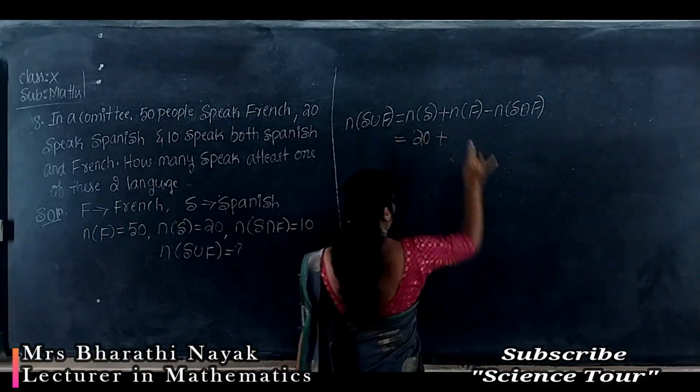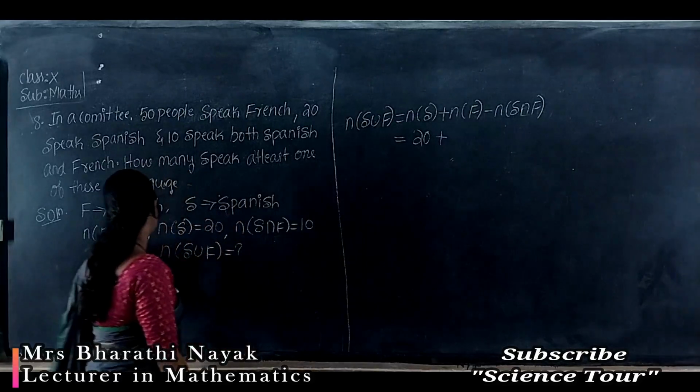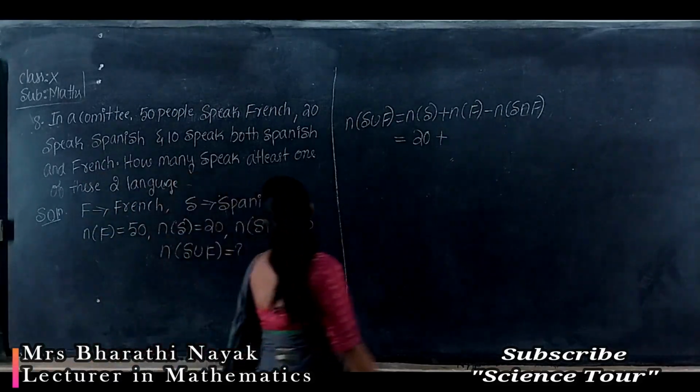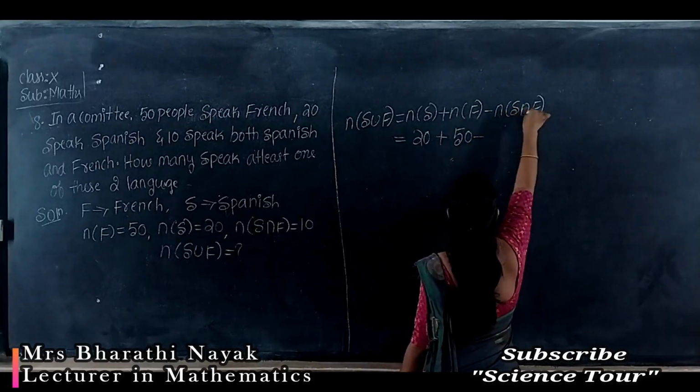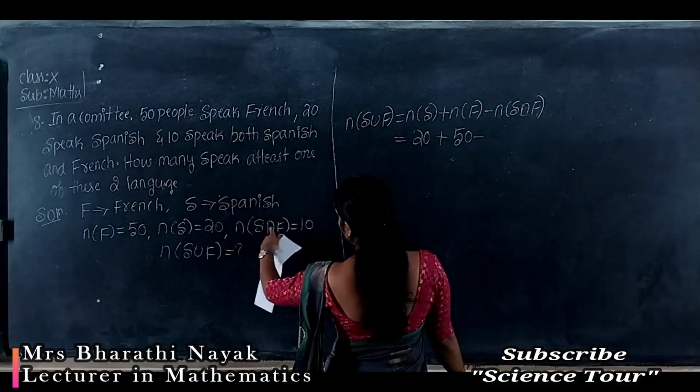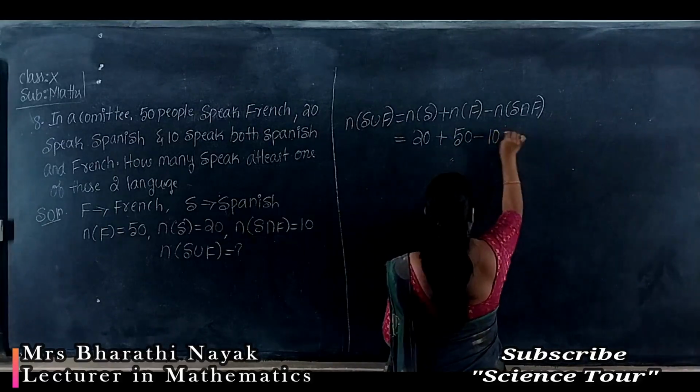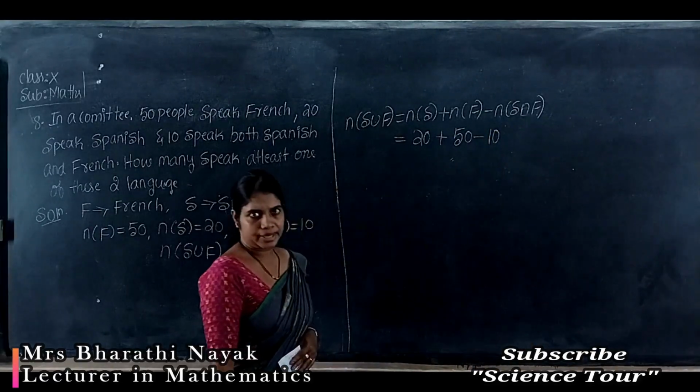N of S is 20, plus N of F, which is 50, minus N of S intersection F, which is 10.